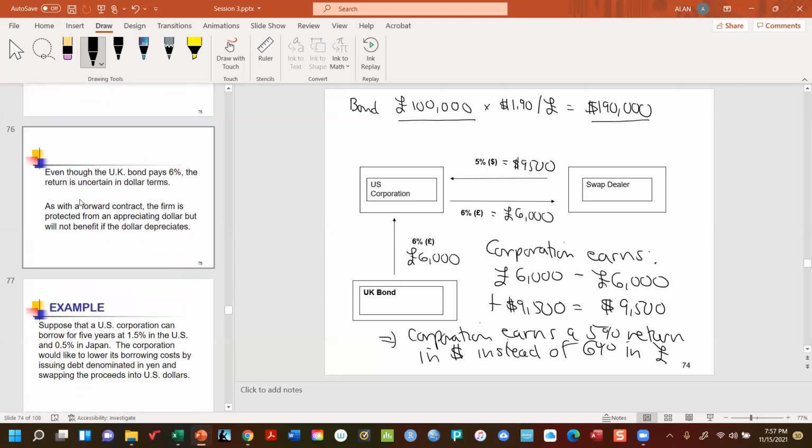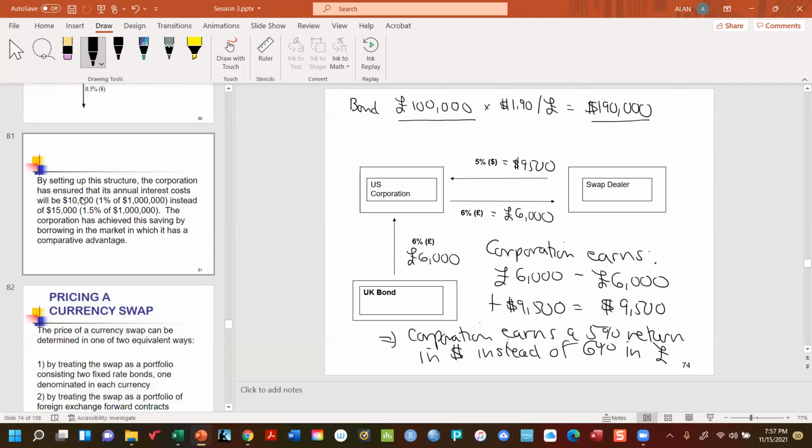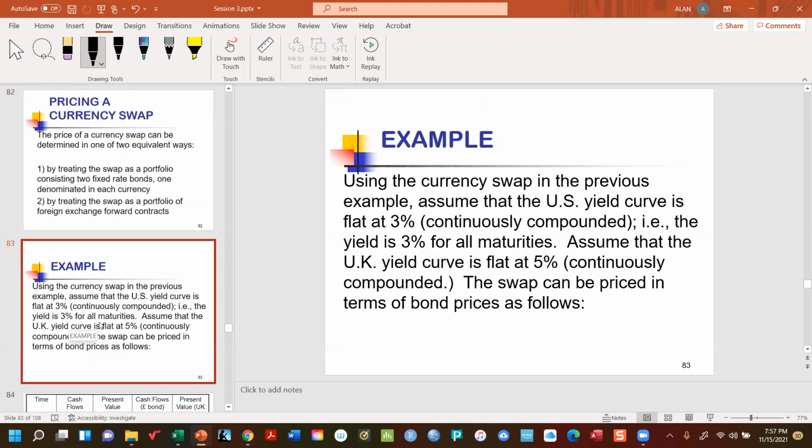All right, now let me jump ahead. We're going to price the swap in one of two ways. We're going to treat it as a portfolio of two bonds, one in each currency, or as a series of foreign exchange forward contracts. So let's just say that the US yield curve is flat at 3%.